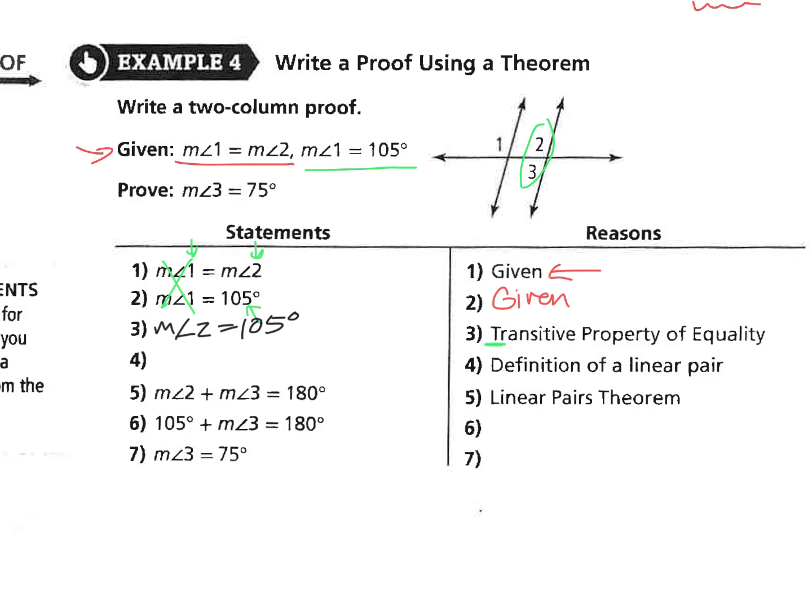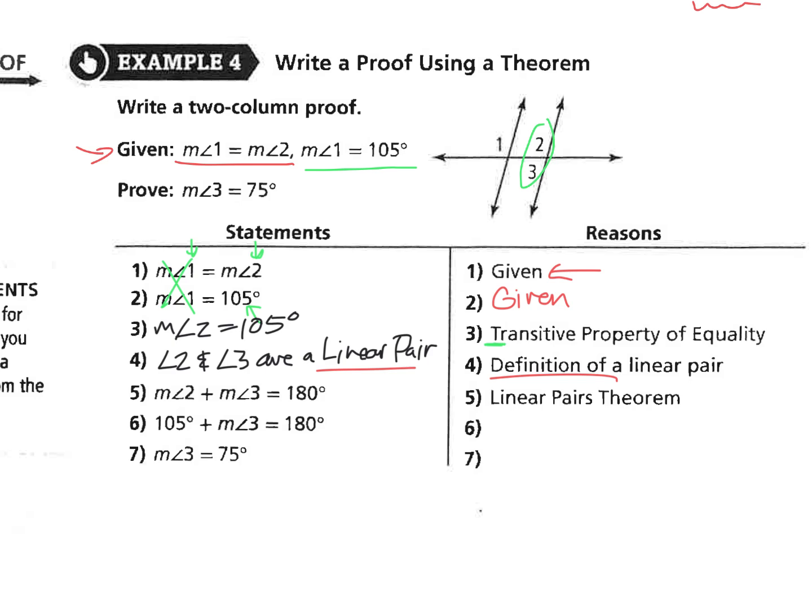So we would say angle 2 and angle 3 are a linear pair by the definition. Remember, usually if we have a geometric term, the reason is its definition. Then we have this linear pairs theorem, which we just looked at, which says they have to add to equal 180.